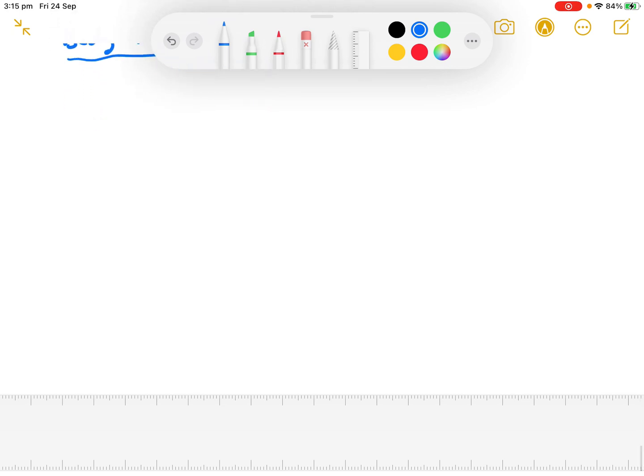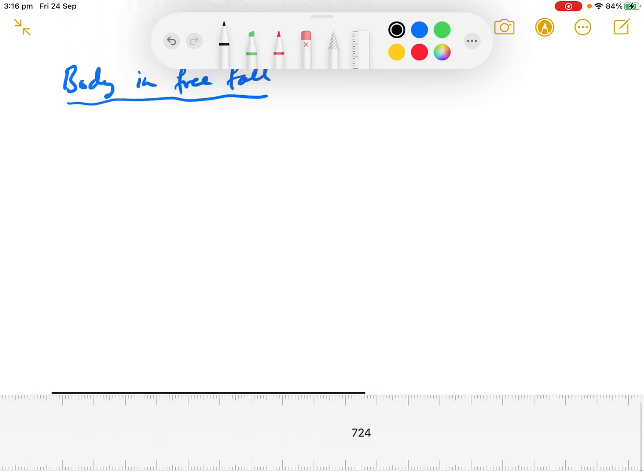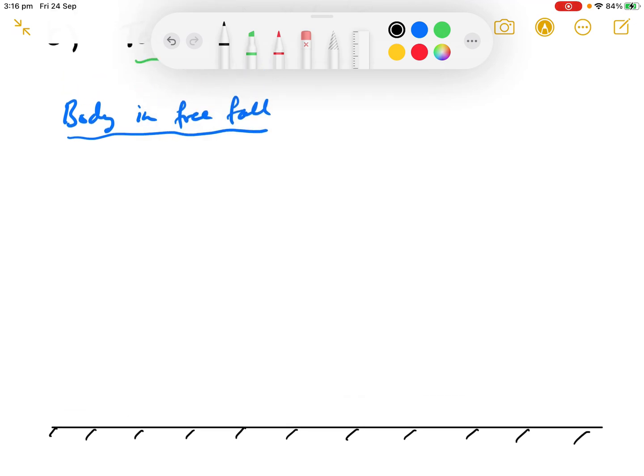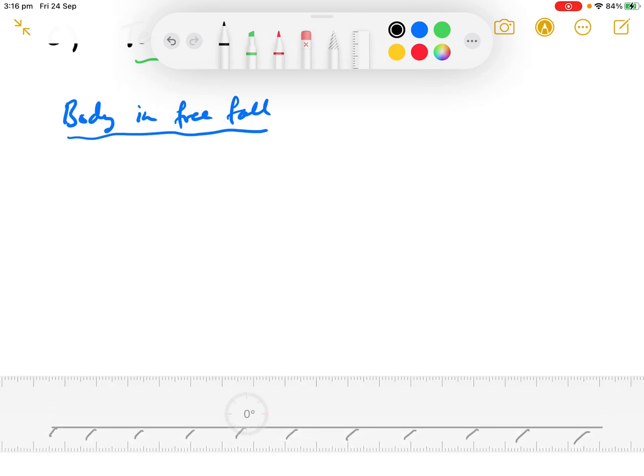So I would use the full width of your page for this. So there's going to be the ground. I'm going to draw 3 diagrams across the page, so one on the left, one in the middle, one on the right, so just keep plenty of space available.